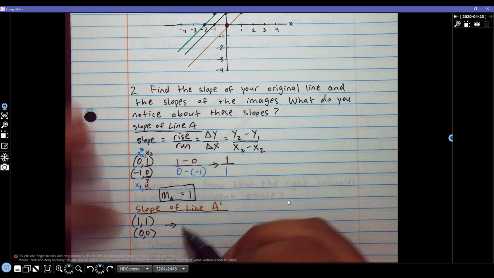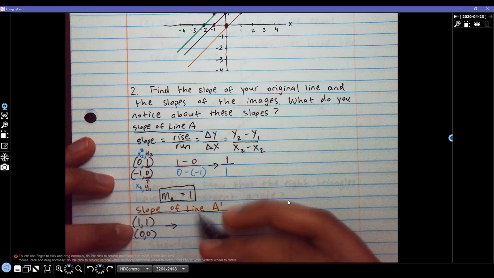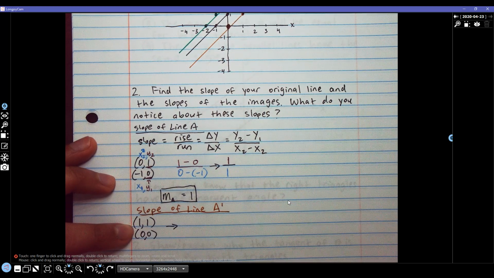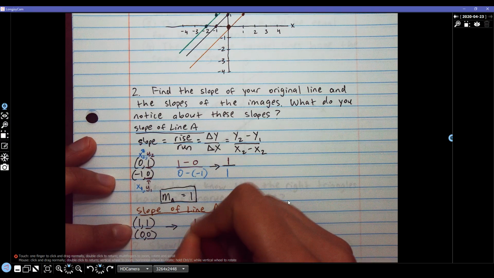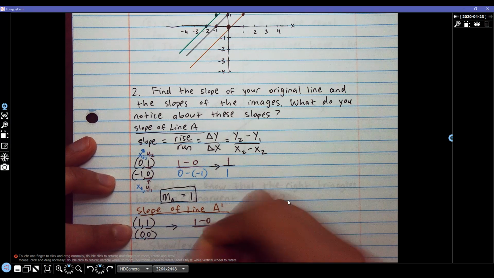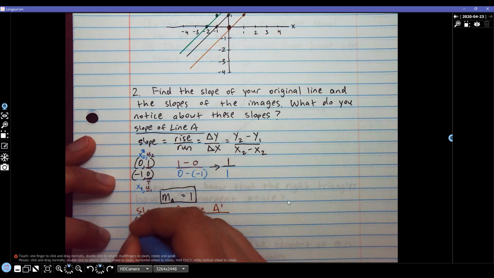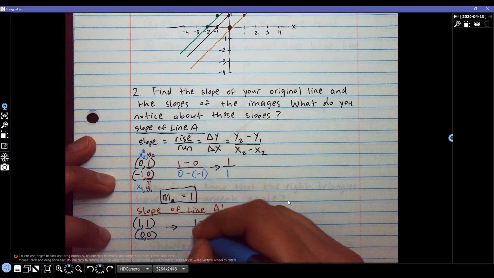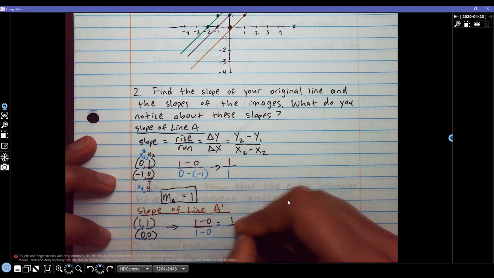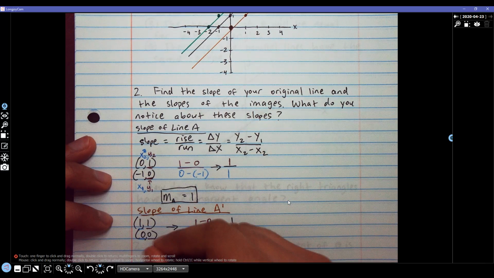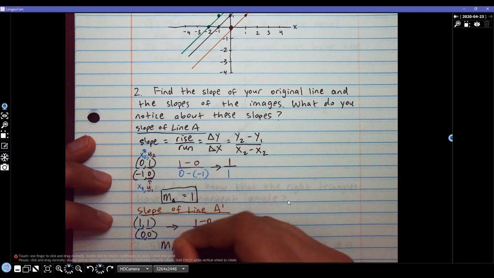I'm just going to get straight to it here. Let's take the difference of our y coordinates, 1 minus 0, over the difference of our x coordinates. So this will also give us 1 over 1. So the slope of A prime is equal to 1 as well.